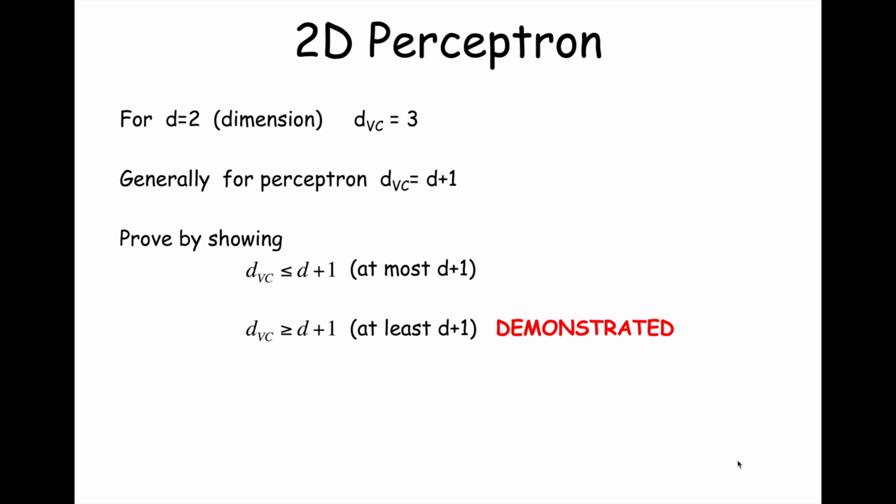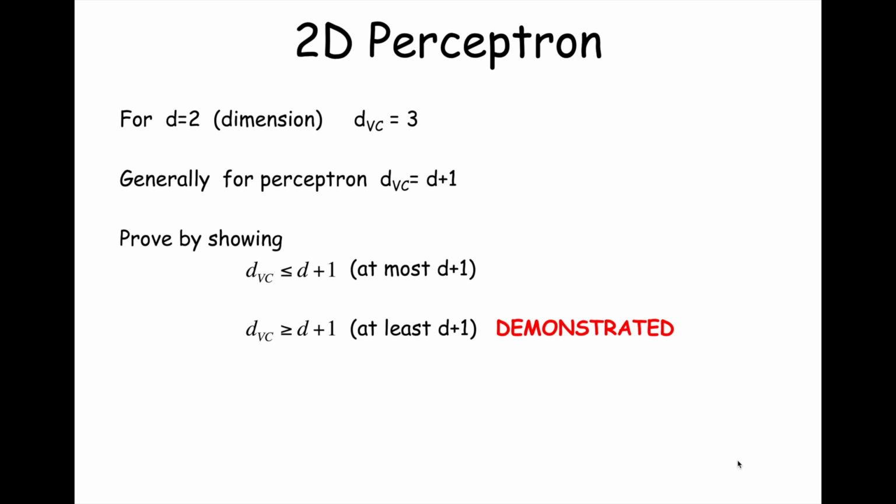Okay, so this demonstrates the first case, that the VC dimension, dVC, is at least d plus 1, where d is the dimensionality of the original input representation, right? So I've demonstrated that with this construction, I can produce all possible dichotomies, 2 to the n, or rather more correctly, the VC dimension is at least the dimensionality of the data set plus 1.